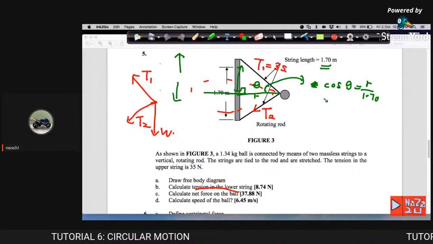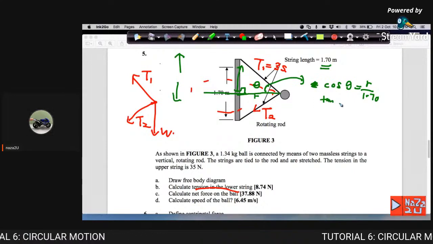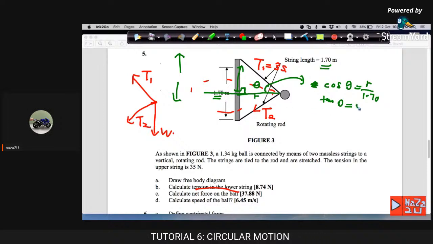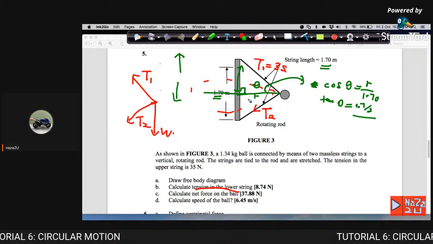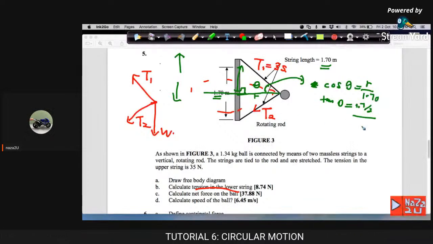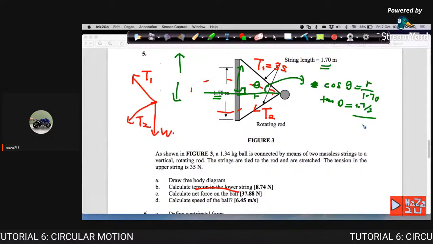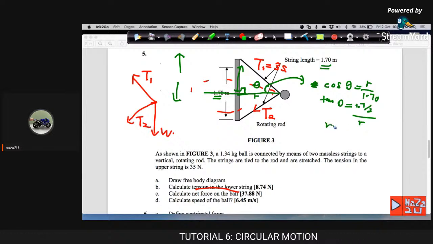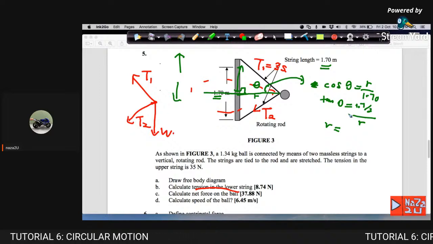You can use tangent theta equal to 1.7 divided by 2, and the adjacent is R. So now you can find the value of R here.